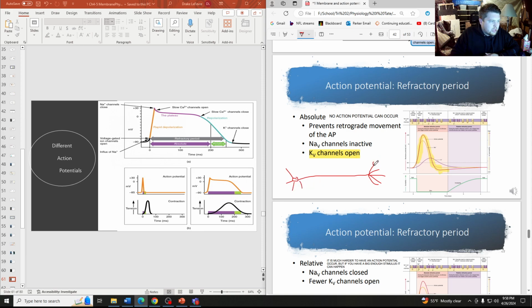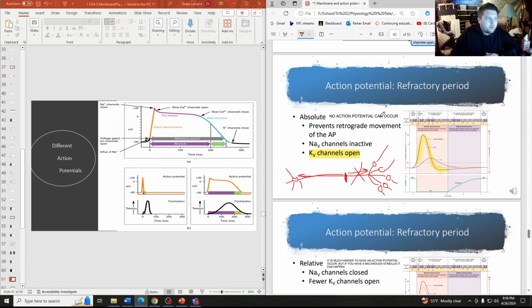These can connect to other somas and spread the message like so. If we have a message, let's say the sensors get picked up right here, and we want to send it this way towards the brain, we don't want retrograde movement of the action potential. We don't want it going the wrong way.